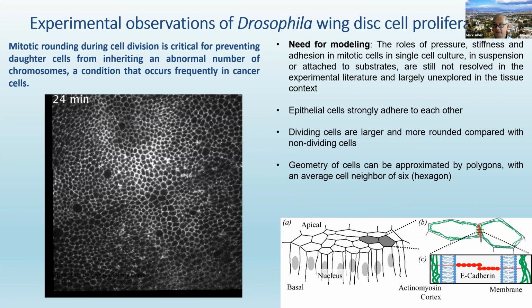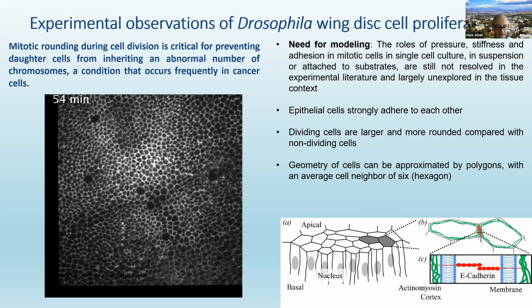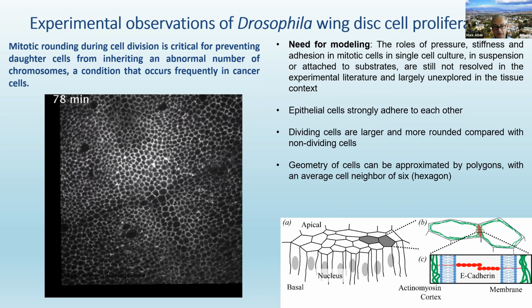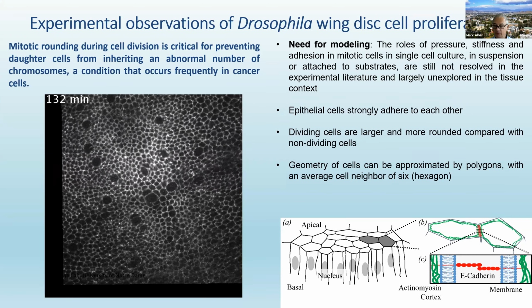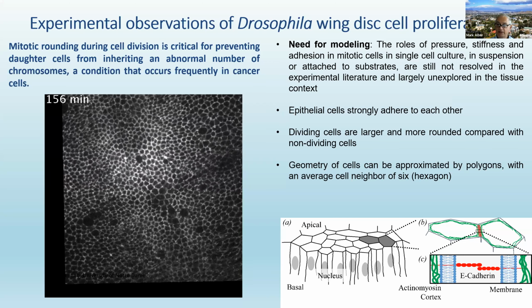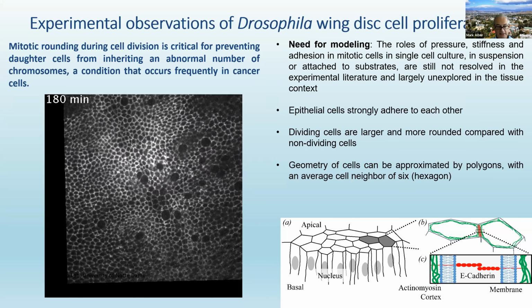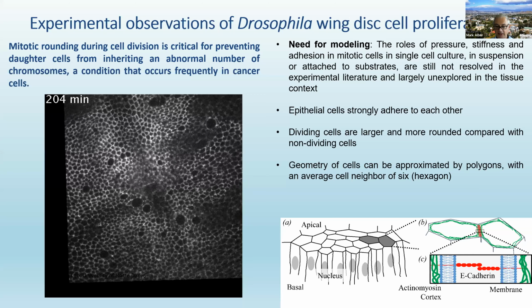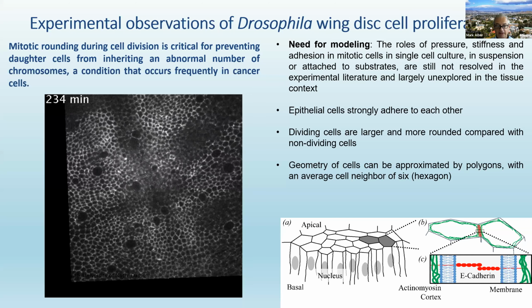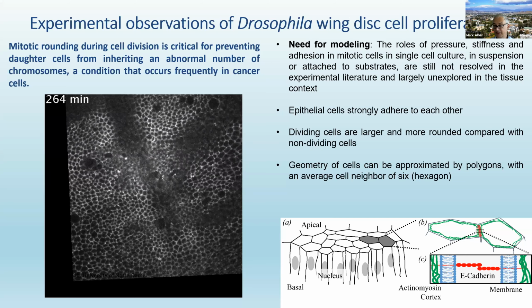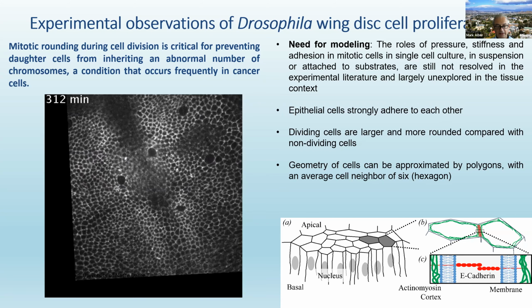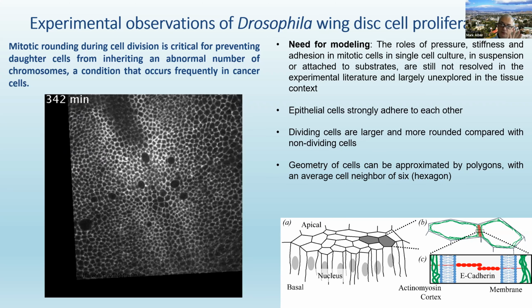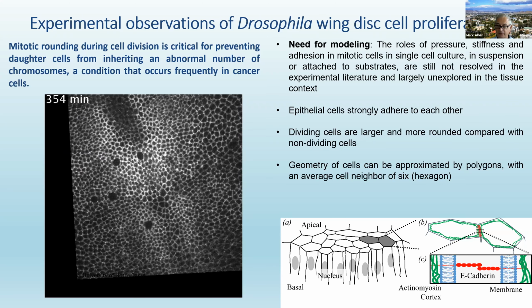If you look at this region in an embryo, which is not that difficult to do in Drosophila because it's a very small embryo, you see, we are looking from the apical side of the wing, that some cells get rounded and then they divide. This has been studied from a mathematical modeling point of view, but that point of view doesn't give you a full picture of biological processes.